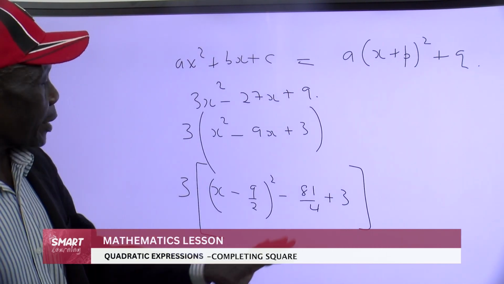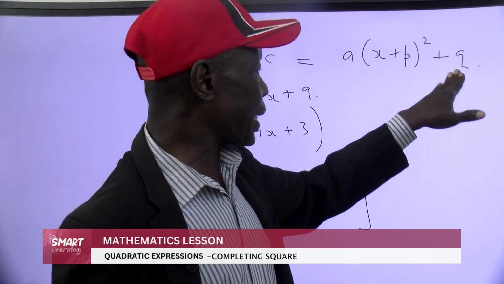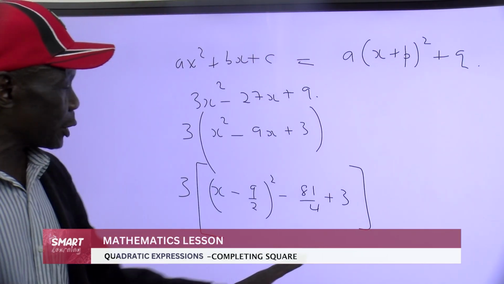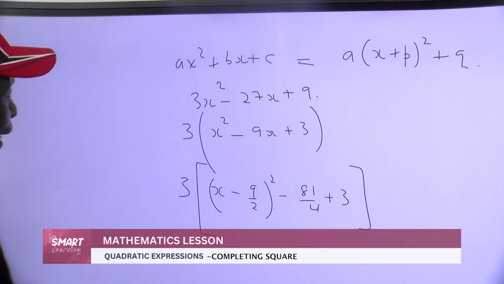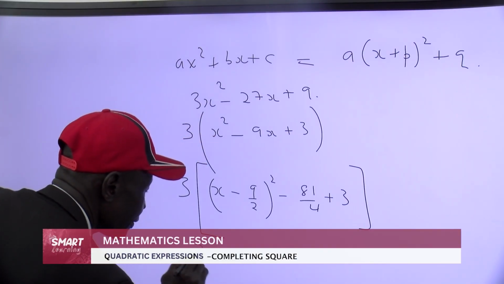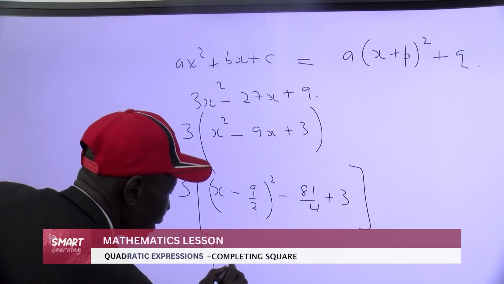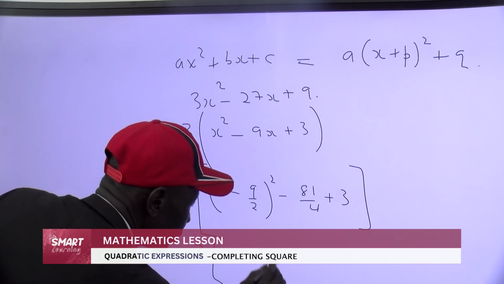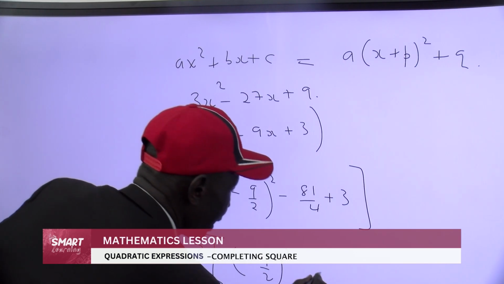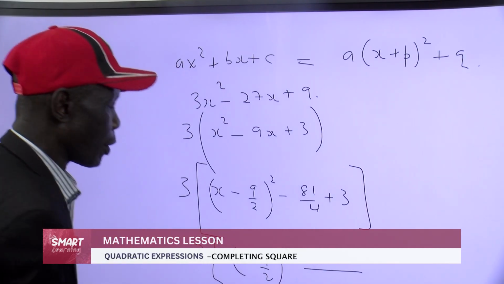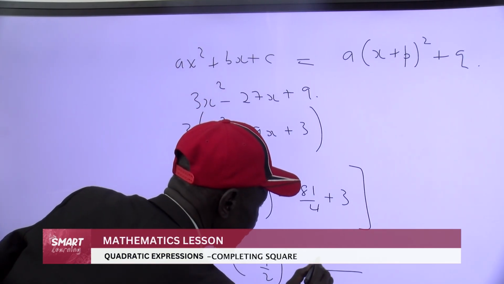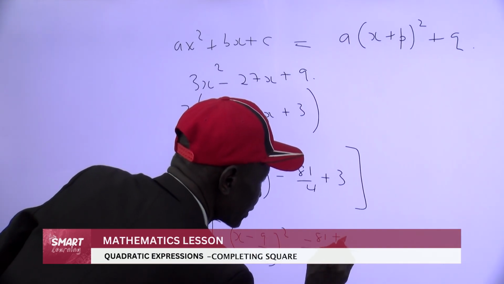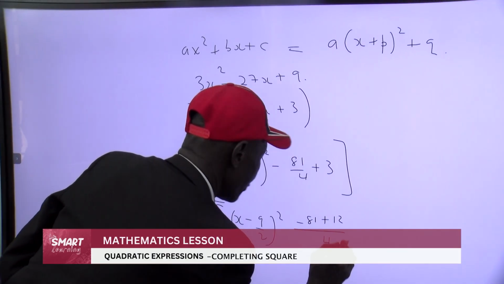Now, you can see q is out of the bracket. So first of all, let's try to evaluate this, and then we multiply by 3. So what we are going to have here is 3 in brackets x minus 9 over 2 squared. Now, my LCM here is 4, so this would become negative 81 plus 12 over 4.